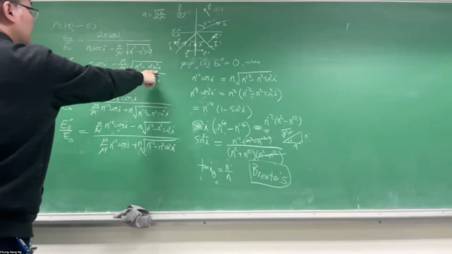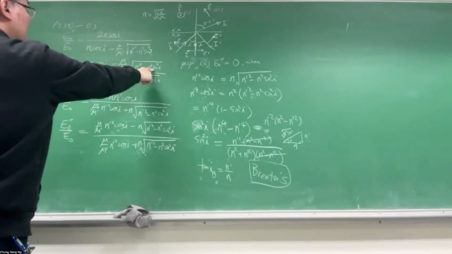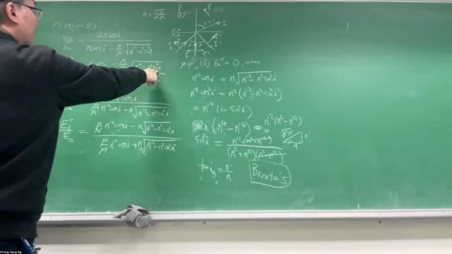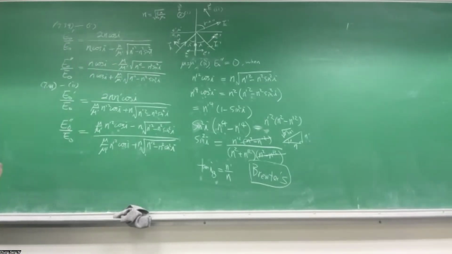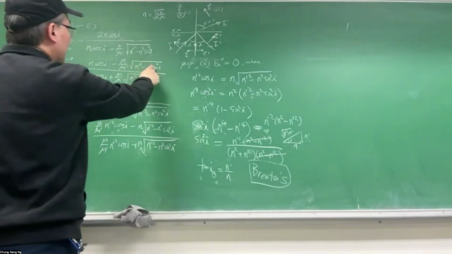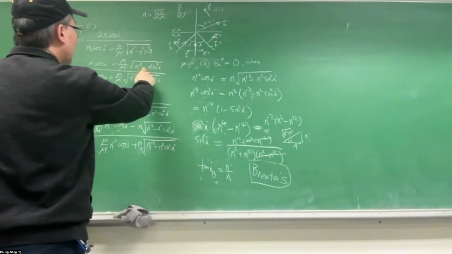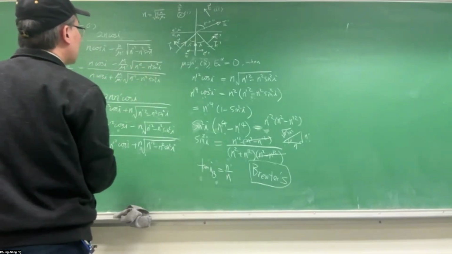When I goes to pi over 2, this becomes n pi squared minus n squared, and obviously n pi is greater than n in this case.